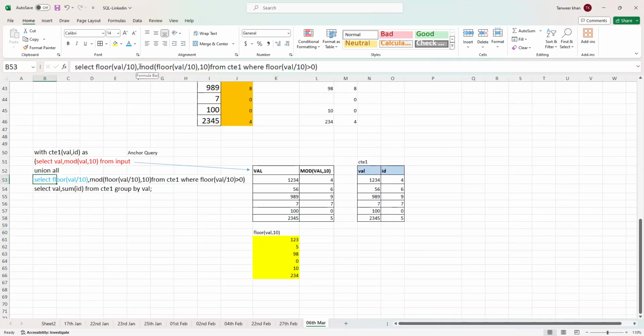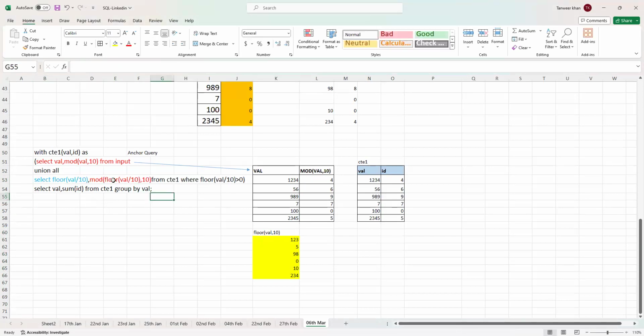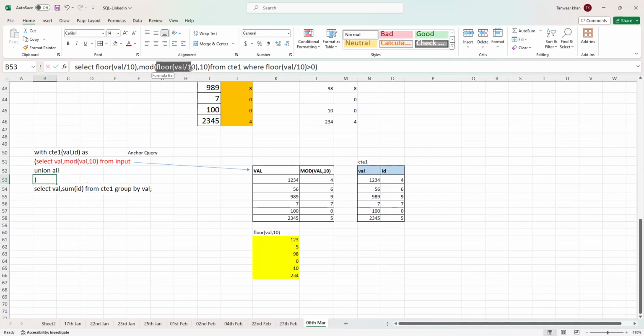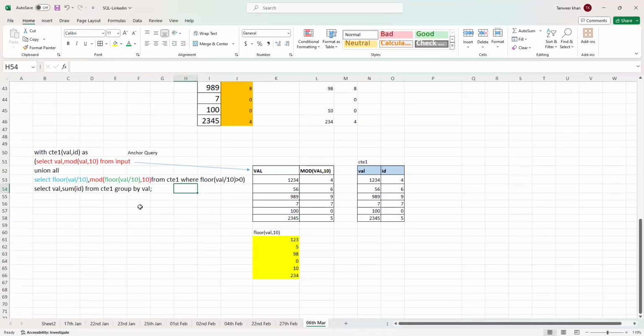Now look at this very carefully, what I have done. Within this, what is this? This floor val comma 10 is nothing but this one, no?